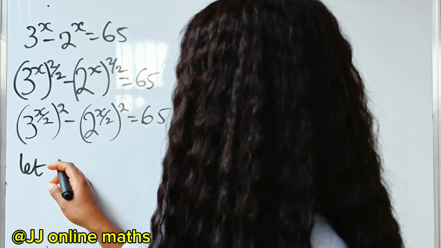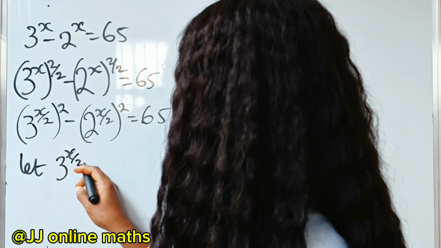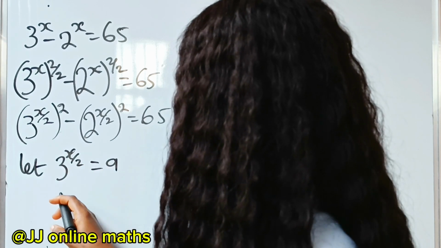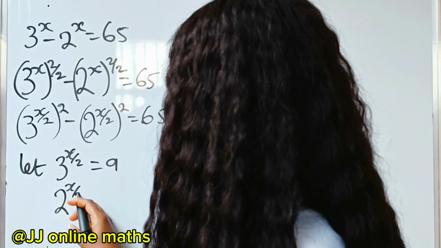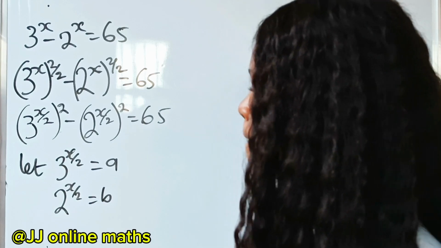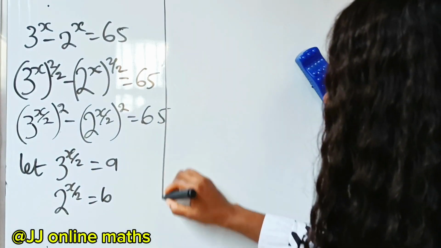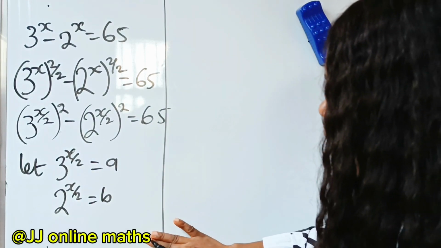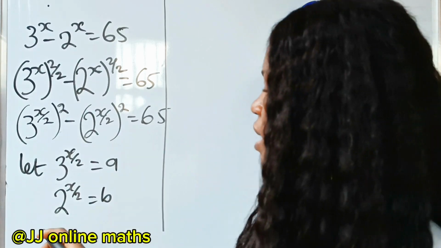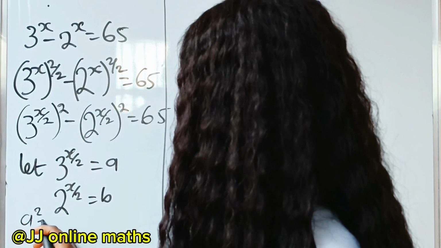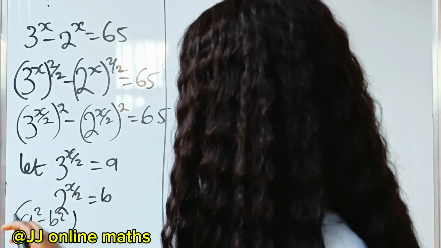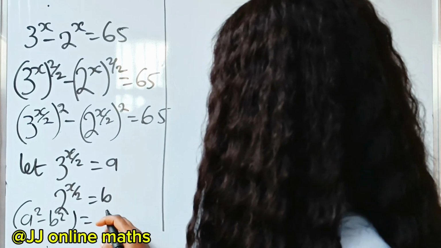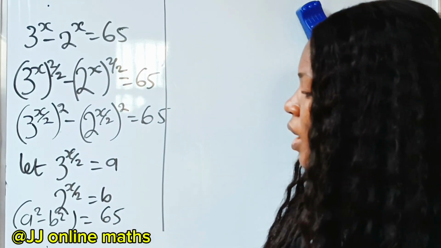Now you can see that we have formed a difference of two squares, right? So we can say let 3 to the power of x over 2 be equal to a, and 2 to the power of x over 2 be equal to b. If we say that, we can rewrite this equation as a squared minus b squared equal to 65.